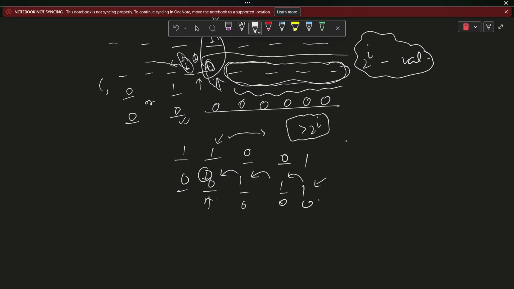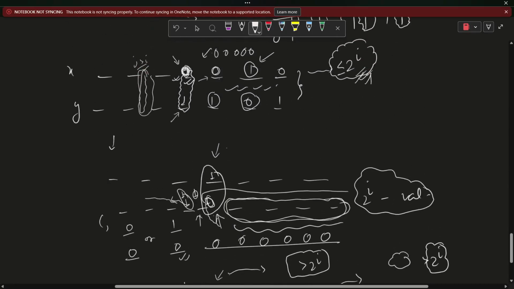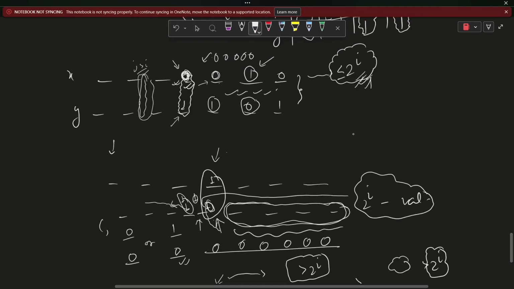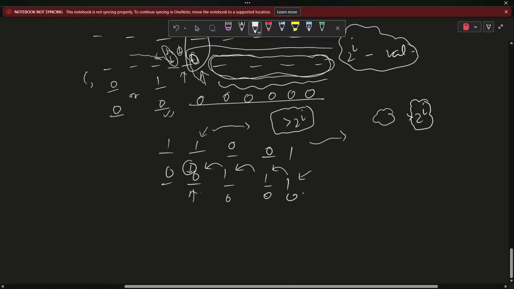So whenever I am adding something greater than 2^i, it makes no sense, because we have just figured out that the maximum upper bound can be 2^i. So if my required cost is greater than 2^i, then I am not going to add anything, right?